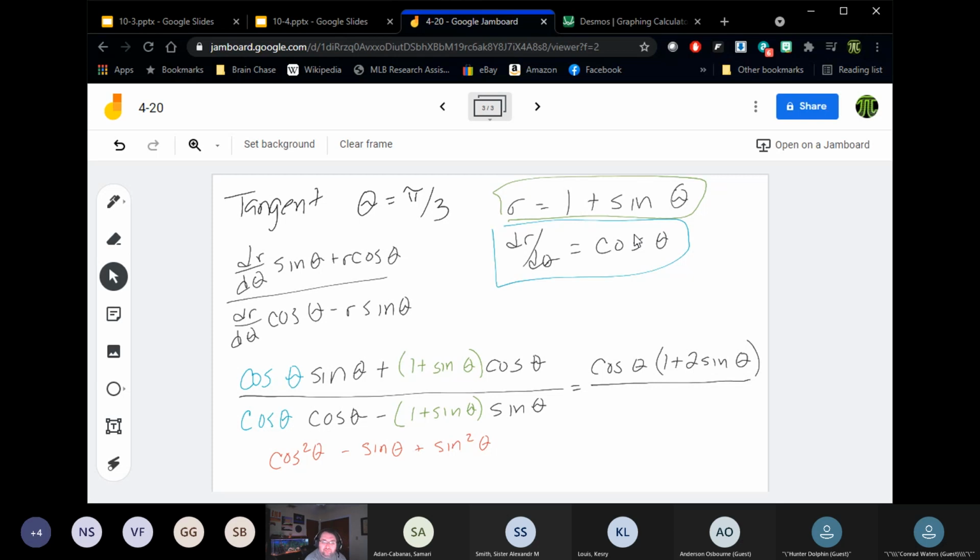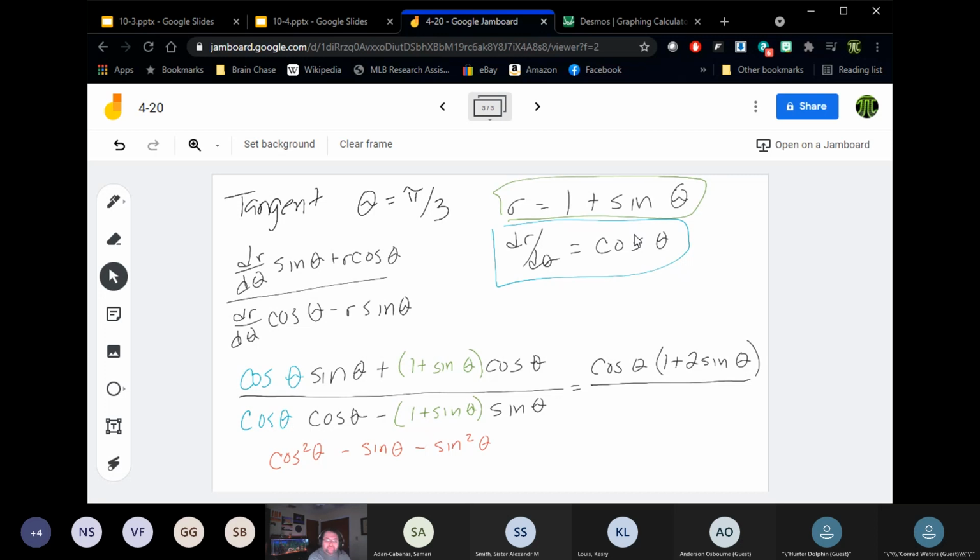So, hold on a second, I'm missing something. Oh, that's a minus. That's what I was missing. I forgot to distribute the minus sign.